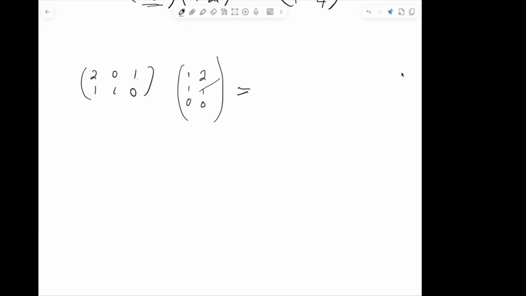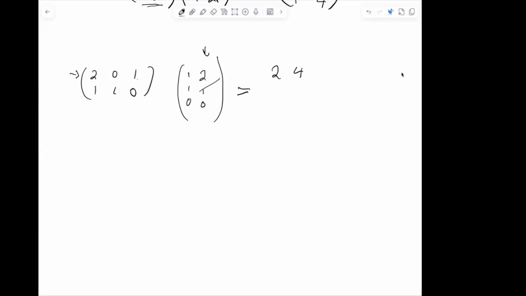So we get 2 times 1, which is 2, plus 2 zeros. Okay, let's now go for the second one. So we have this row times this column. It's 2 times 2, which is 4, plus 0. So here we get 4.